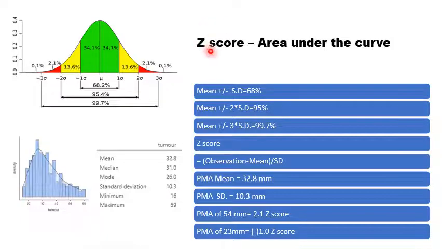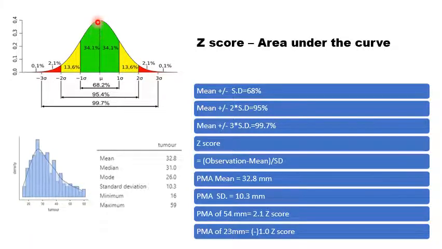Z-scores are based on a fundamental concept of statistics, the area under the curve. If we have a distribution of certain results and that distribution can be categorized as a normal distribution, then we can make some safe assumptions about the distribution of the data around the mean.